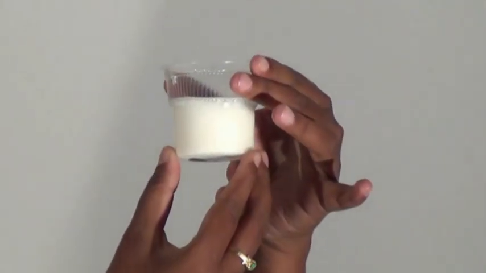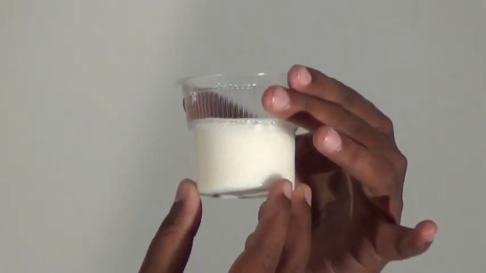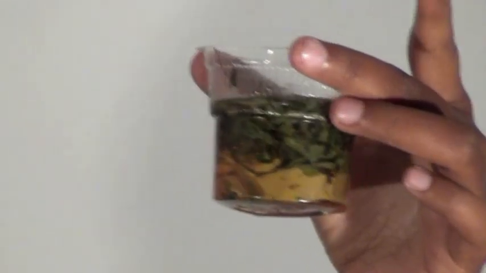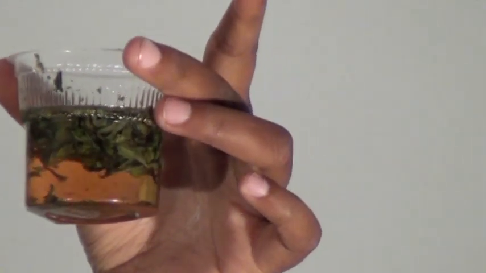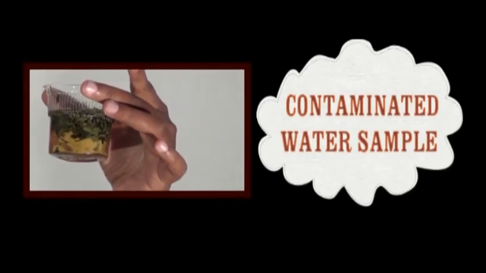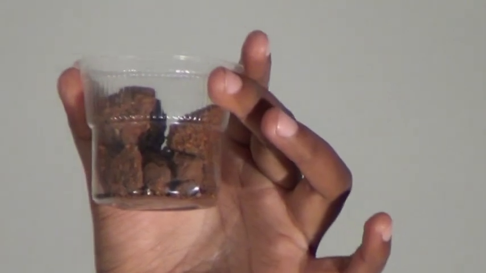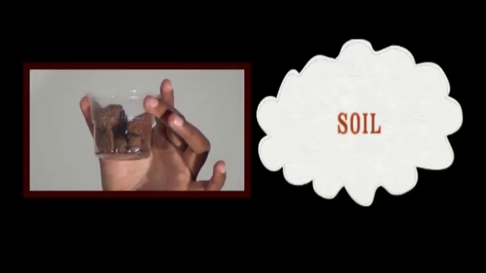Can you all tell me what you can see in my hand? Yes, it is curd. And can you all tell me what this is? Yes, it is a contaminated water sample. And lastly, what do you see in my hand? This is soil.